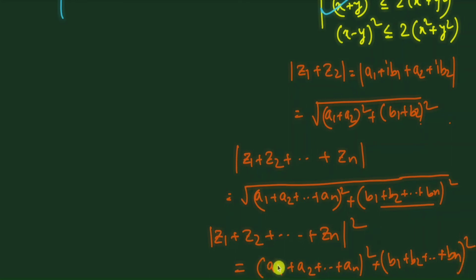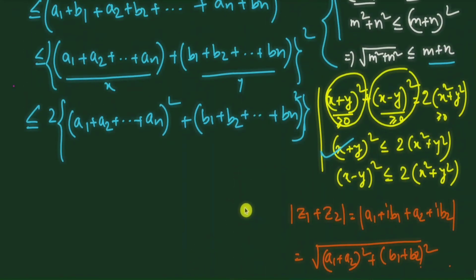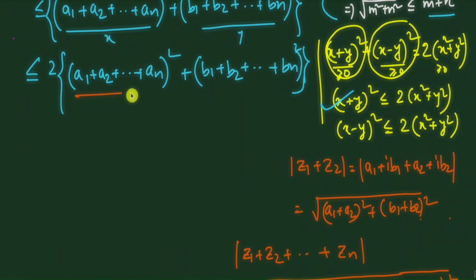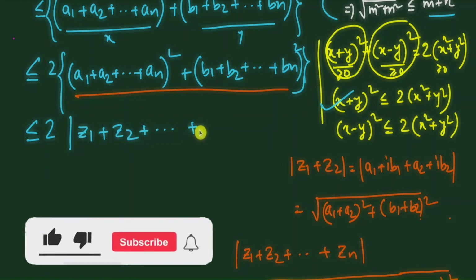So this is equal to this, so there is no problem, and the modulus of z1 plus z2 plus zn whole square is less than or equal to 2 into the modulus of z1 plus z2 plus dot dot dot plus zn whole square.